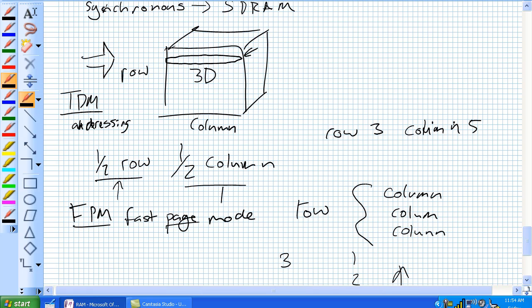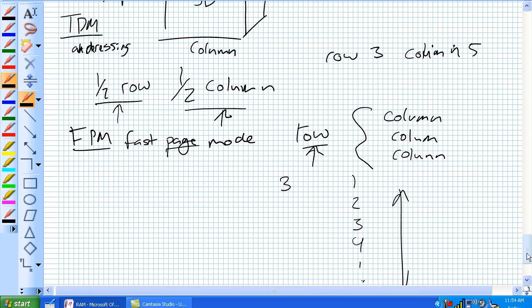You don't have to send a row, then a column. You can just send a single row and then a bunch of columns after it. That's very similar to what we learned here about burst. Basically, it's just saying 0,0, 0,1, 1,0, 1,1. It's taking the 4 proximate locations. But I have to do EDO first.